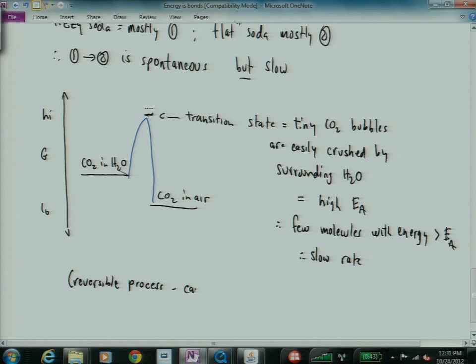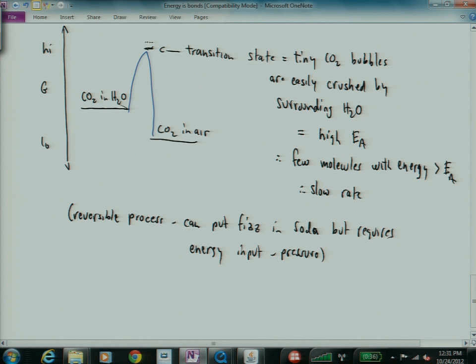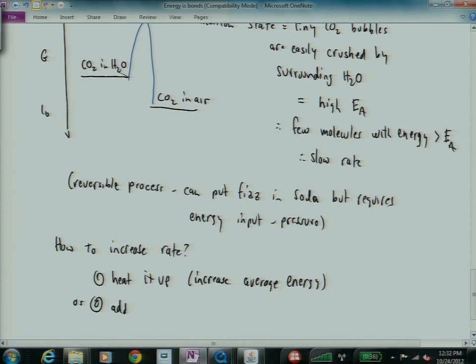So if you wanted to make your soda go flat sooner, I don't know why you would, but say that you did, to increase the rate you could either heat it up, that is, increase the average energy, or add a catalyst, that is, lower the activation energy.